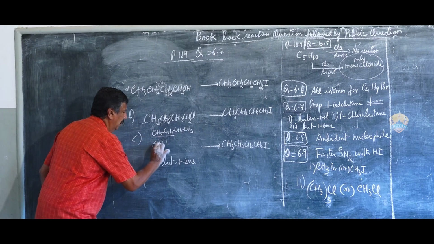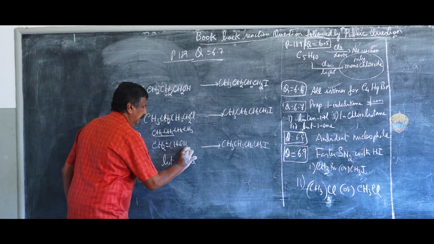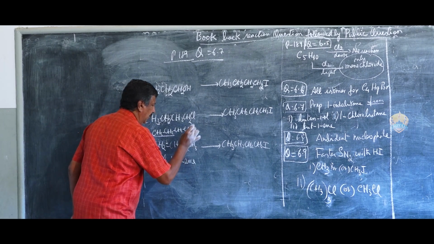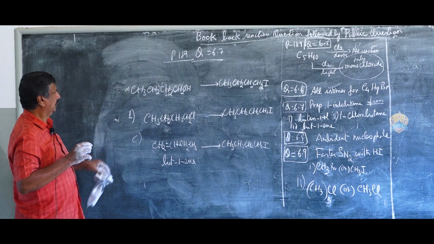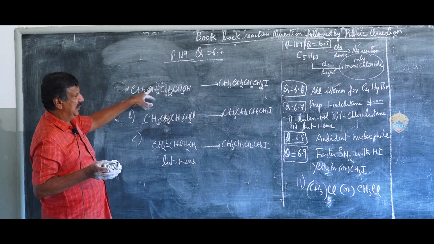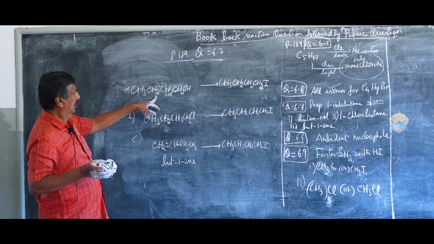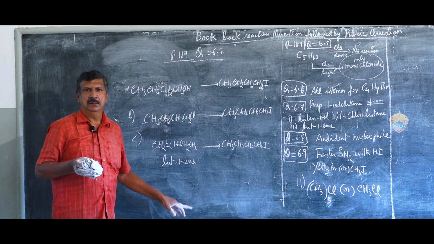This is but-1-ene. So, okay, this is the question they asked: from butanol, then chloride, then from butene.